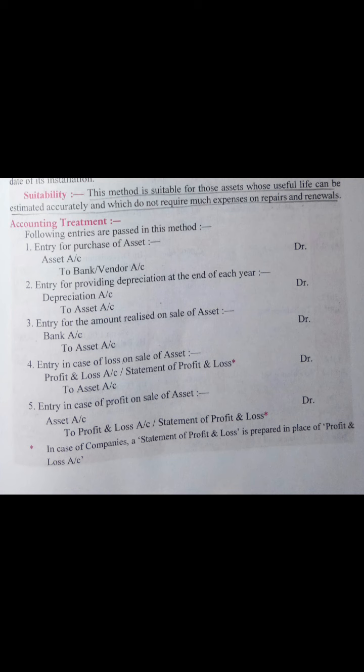So the entry would be profit and loss account or statement of profit and loss account debit to asset account. And in case of profit, the entry will just be reversed, like asset account debit to profit and loss account or statement of profit or loss account.